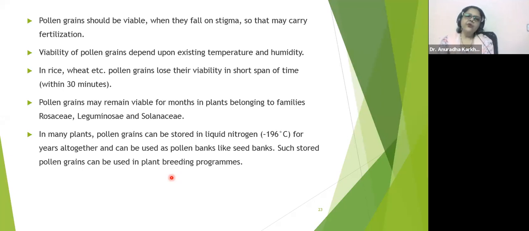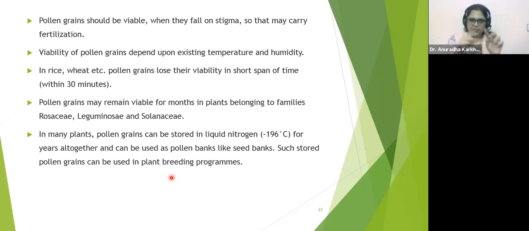So nowadays, you have this technology of storing pollen grains for years together. And whenever required, those pollen grains can be taken and used for artificial germination. Such stored pollen grains can be used in plant breeding programs. So nowadays we have these pollen banks also, just as we have seed banks, blood bank, in that way we have pollen bank as well now.